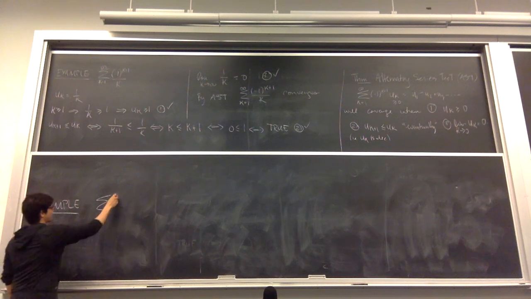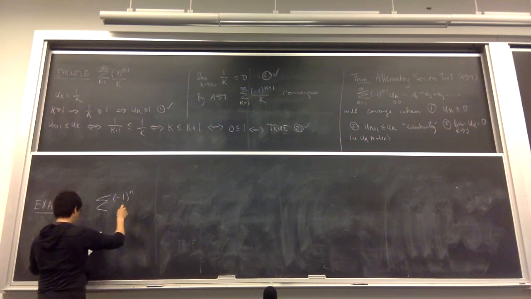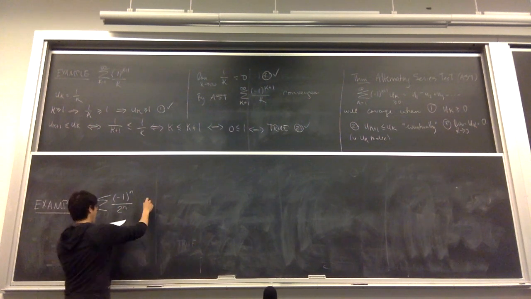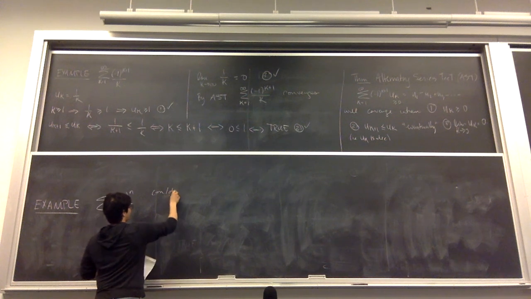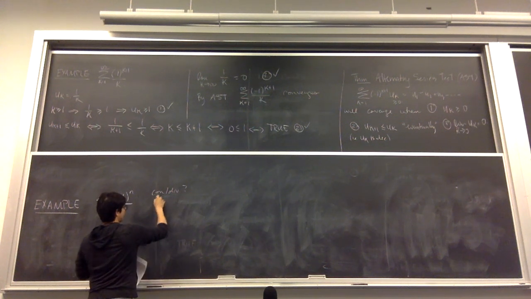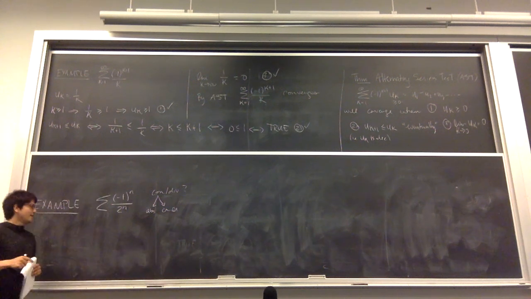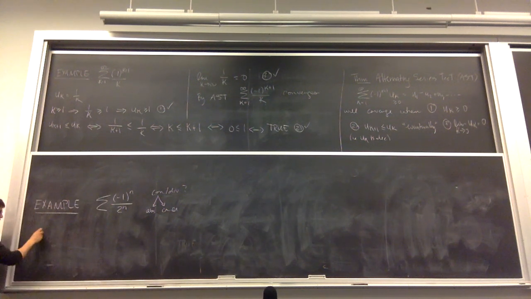Tell me about this. Is this convergent? Is this divergent? And if it's convergent, is it absolutely convergent or is it conditionally convergent? The workflow should always be something like this.